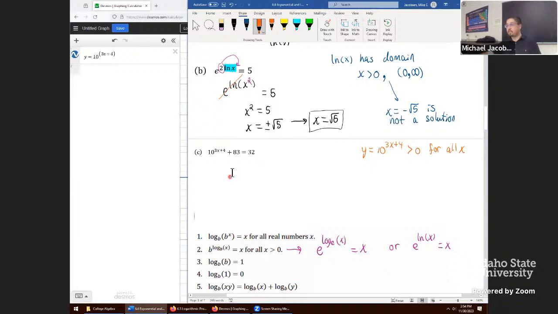That means we need to be cautious when we go to solve this thing. If we do the first ordinary step of subtract 83 from both sides, we get 10 to the power 3x plus 4 equals negative 51. And then already, right at this step, we have to stop. There is no solution because of this property right here.